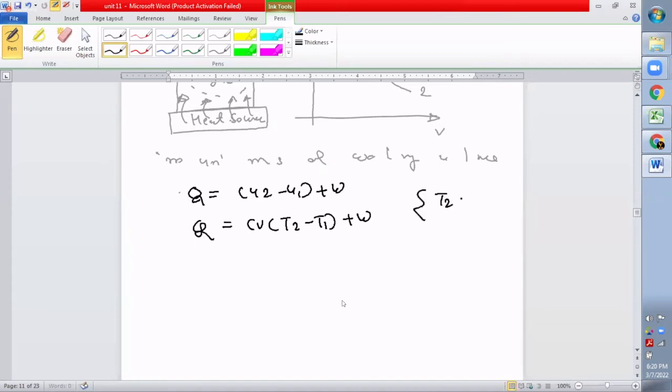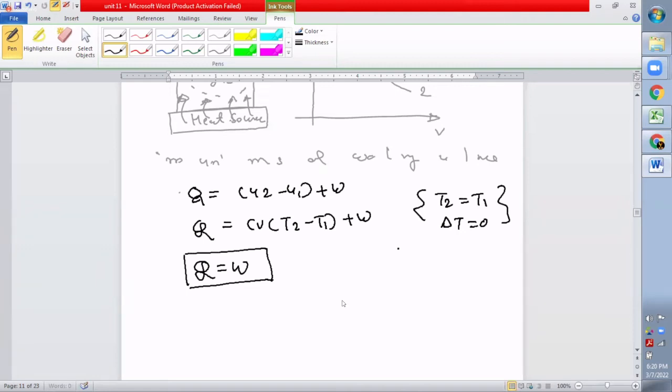T2 and T1 both are the same, equal to T. So what is the del T in this case? It is equal to 0. So what is the value of Q in this case? Q is equal to W.